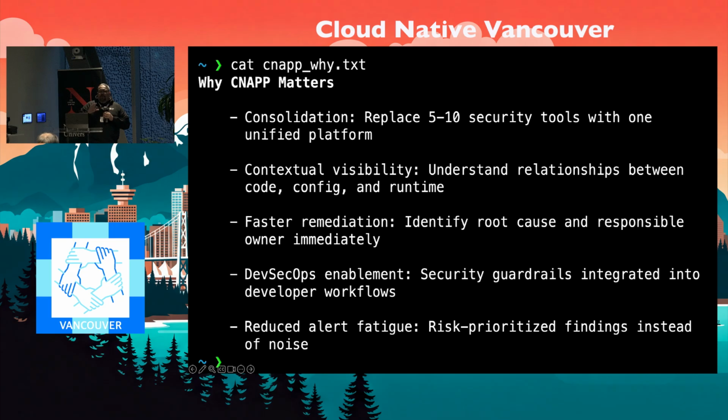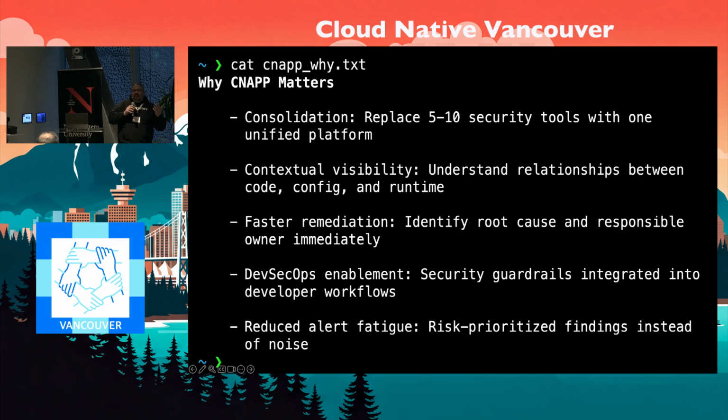So let me give you an example here. You have a workload, let's say a container. In that container, you have one vulnerability, right? You detect that there is a critical vulnerability. But how do I say that it's really critical? Well, that vulnerability may be exploitable if the container is accessible via the internet, or exposed to the internet.